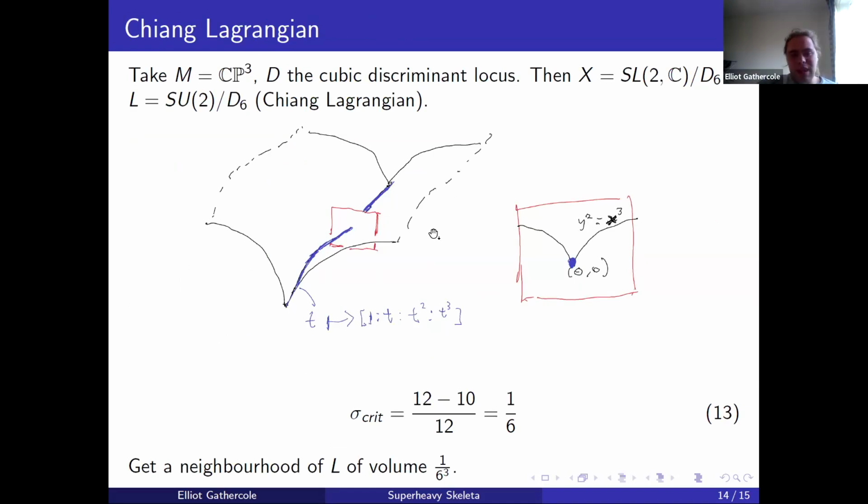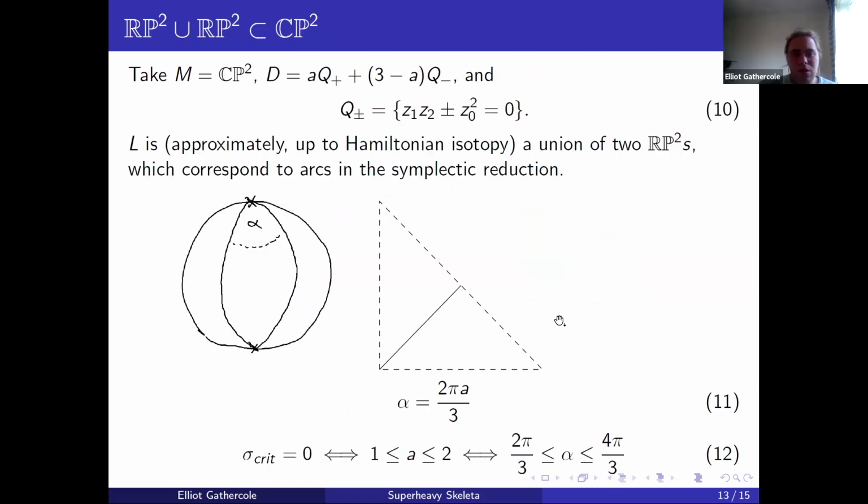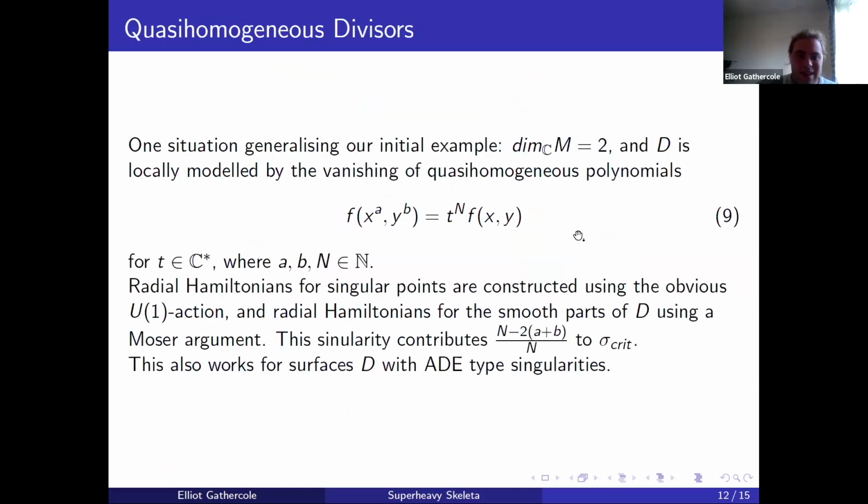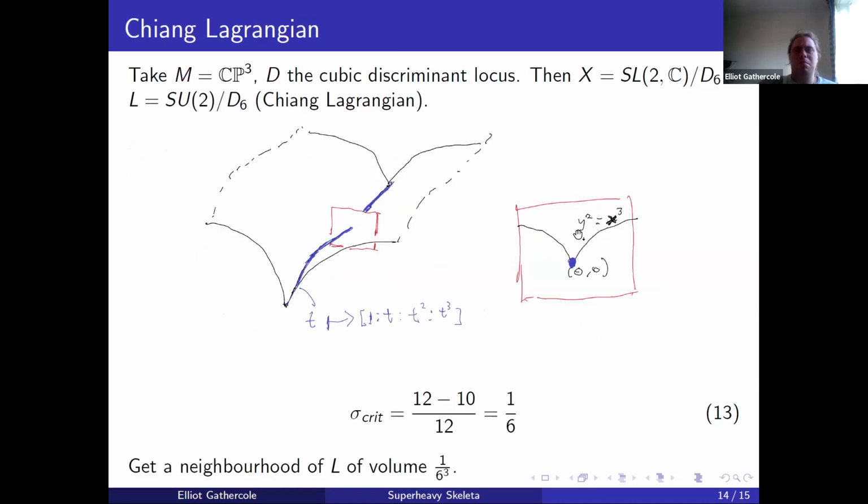So geometrically, it looks like one of these quasi-homogeneous examples. And you can actually get this group action from the SU2 action on the whole space, but geometrically, with respect to all of the properties that we need, it looks the same as this case with A equals 2 and B equals 3.